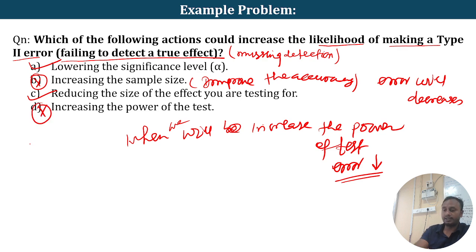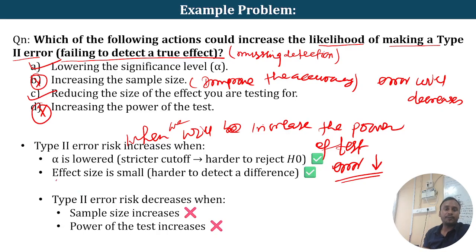So I think hopefully this is also clear. Type 2 error risk increases when we lower alpha. It becomes a strict cutoff, harder to reject the H not. Effect small, harder to detect the difference. Type 2 error will decrease when we increase the sample size. Power of the test will increase.